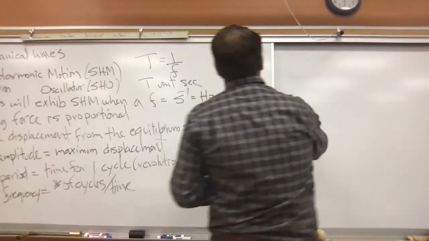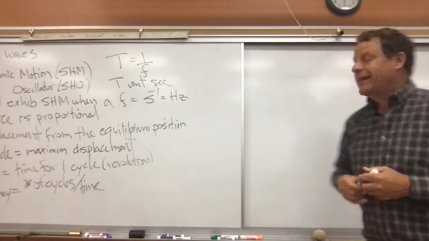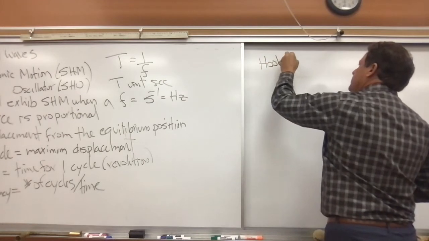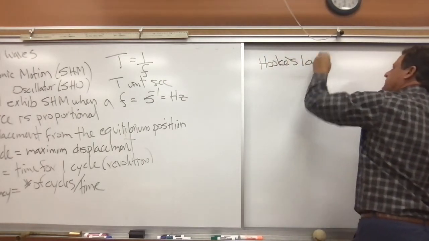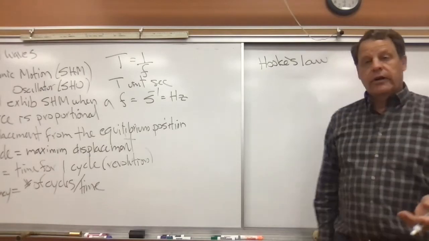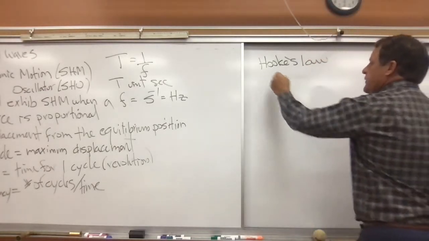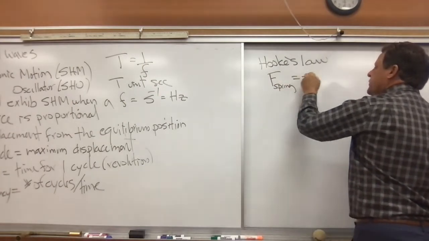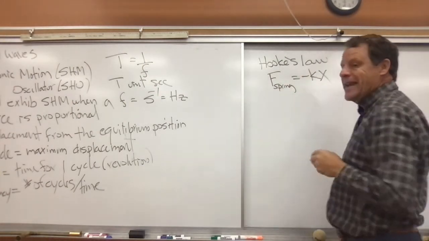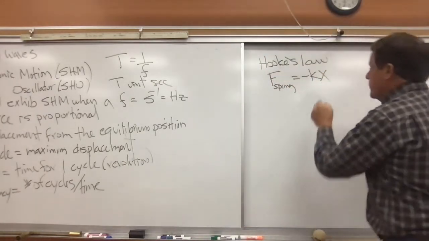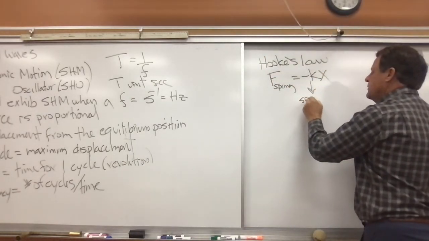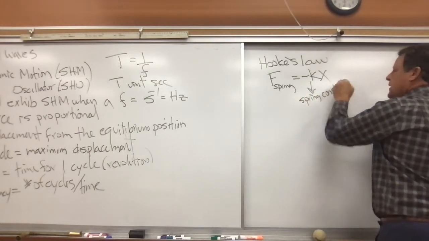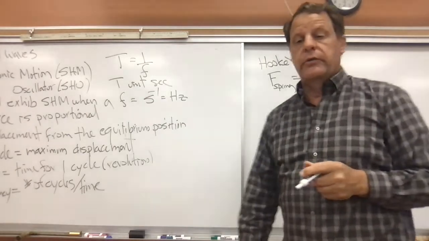All right. So now we're going to go back to something we had second quarter, which is called Hooke's law. You might remember that is for a spring, and the force of a spring is going to equal negative kx, where k is called the spring constant, and we know x is going to be displacement.